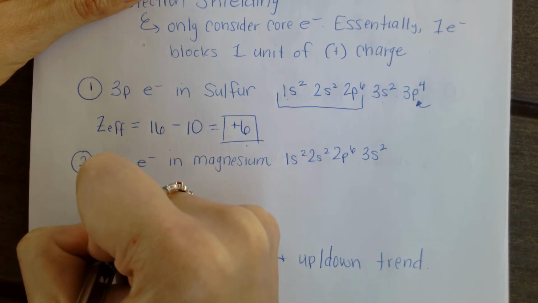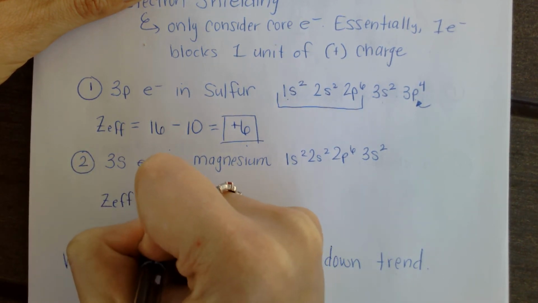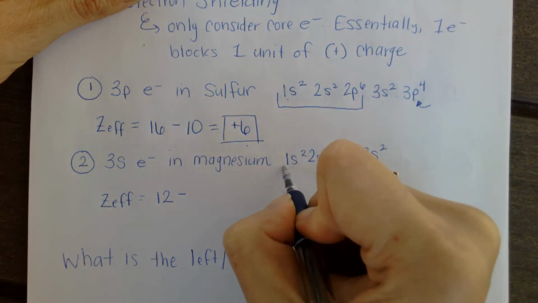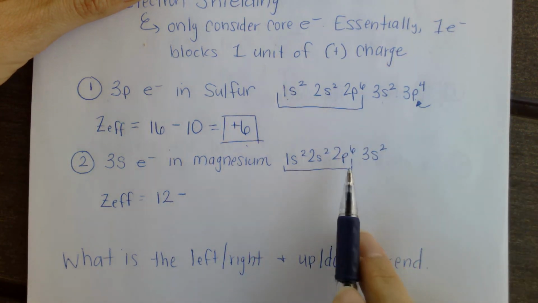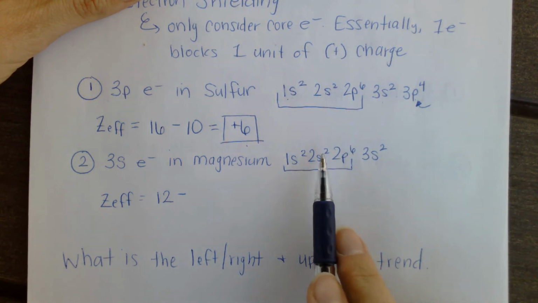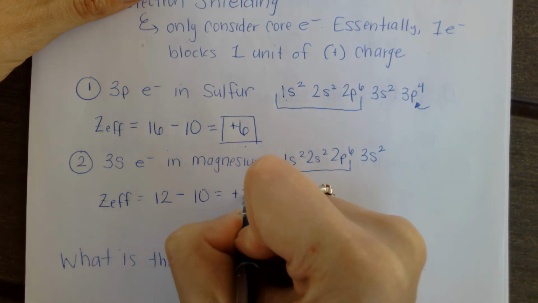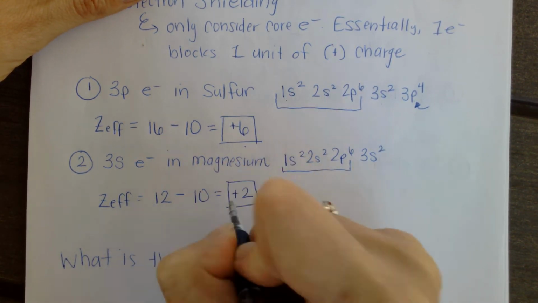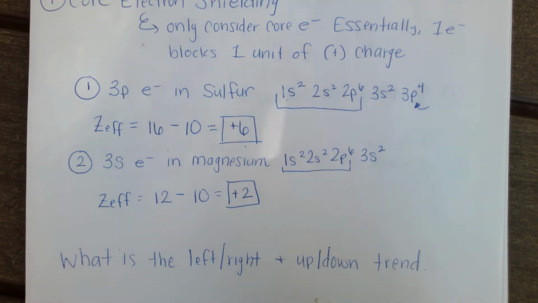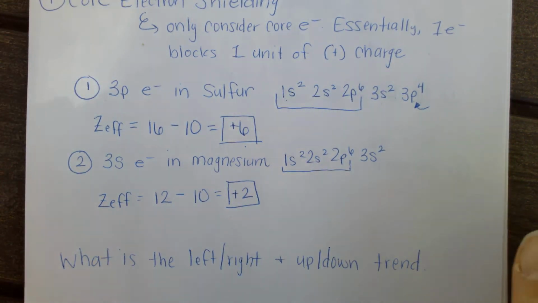So Z effective equals 12 minus, again these same electrons are going to shield, 6, 7, 8, 9, 10. So minus 10 electrons that are shielding to give us a plus 2. So we have a plus 2 effective nuclear charge here.